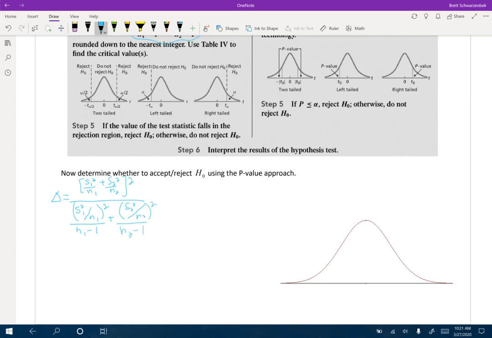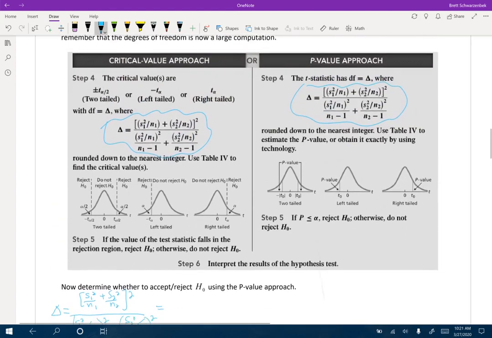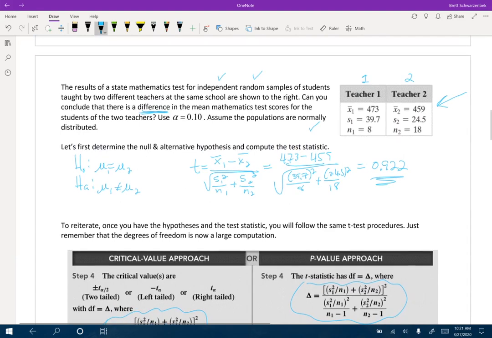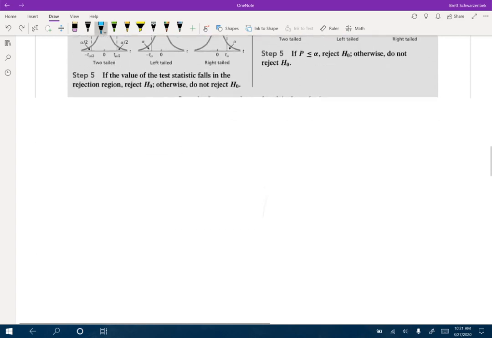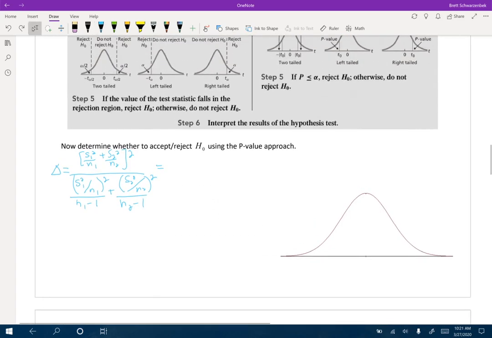Lots going on here, obviously, that you're going to have to plug in numbers. So again, what are we doing? We're taking these values right here, and we're going to be plugging them into this massive looking formula. So let's do it. We're going to get 39.7 squared over 8 plus 24.5 squared over 18, all squared.